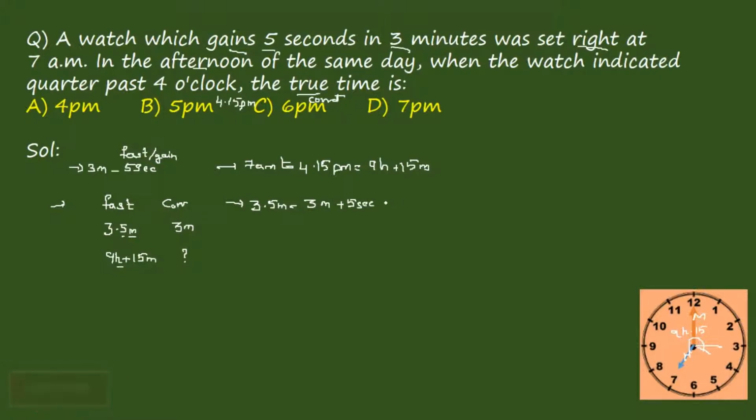Right, which is equal to nothing but convert into hours. 3 by 60 hours plus 5 by 60 into 60 hours, which is equal to nothing but 1 it becomes 12.